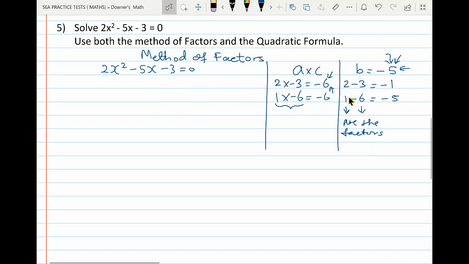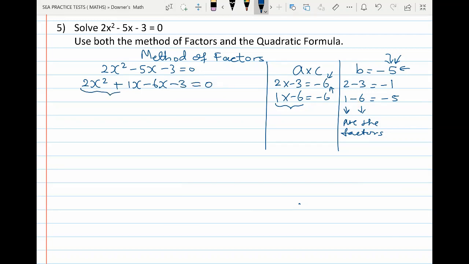Let's use this 1 and this minus 6 to replace the minus 5x in the following manner. So we're going to have 2x squared plus 1x minus 6x, the plus 1 coming from here and the minus 6 coming from here. So let's continue. Minus 3 equal to 0.